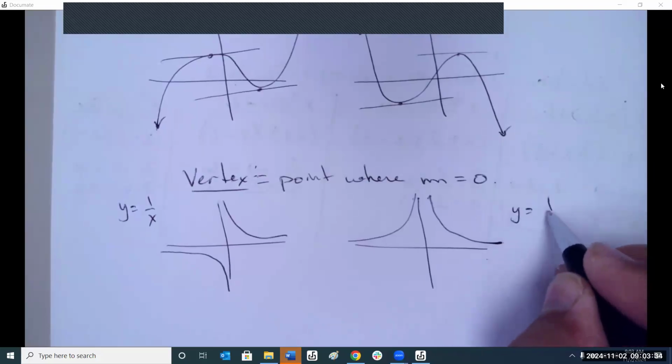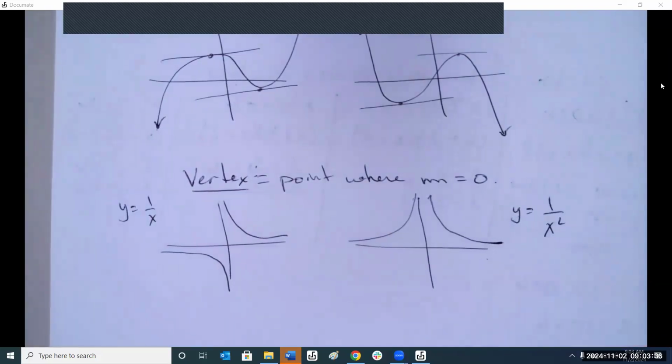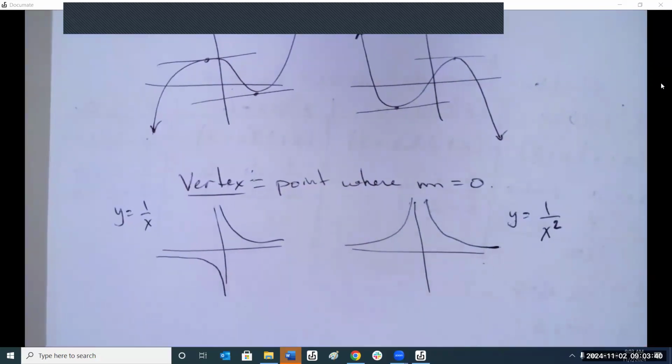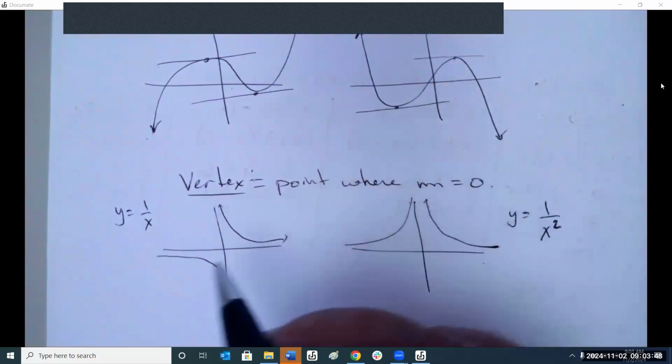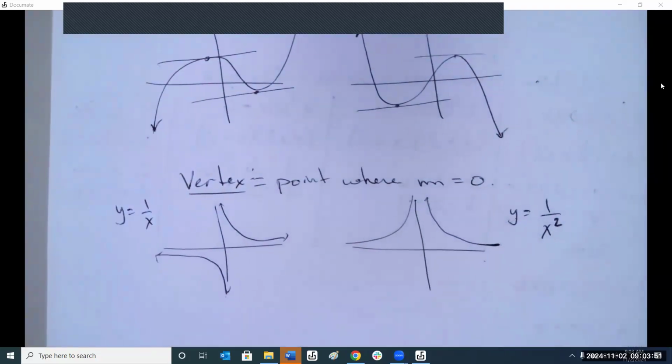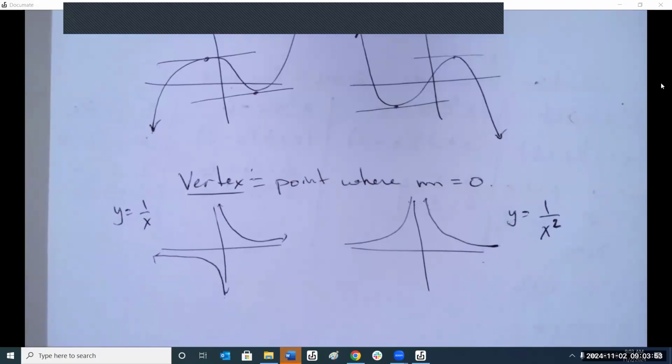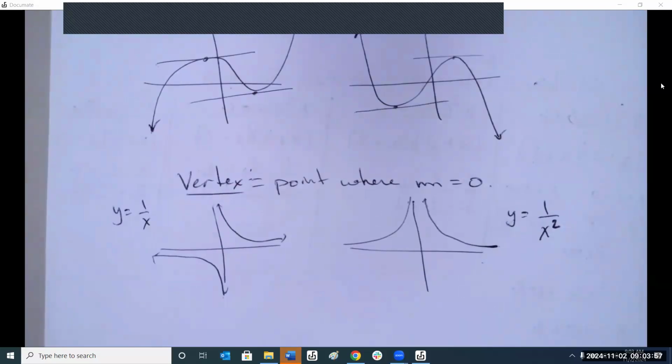This is y equals 1 over x squared. There is no vertex anywhere there. There's no high point or no low point. It keeps on going forever and it never stops. So there are no vertices in this case. But pretty much most of the other ones have vertices.